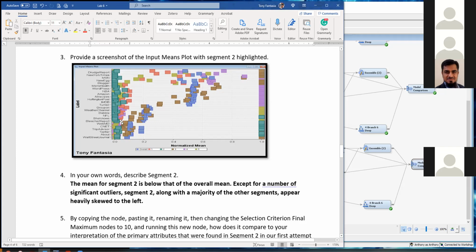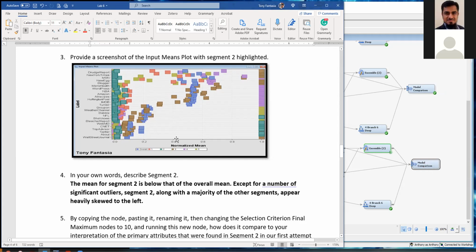So where did you get this first line, the mean for segment 2 is below that of the overall mean? Well, if this blue is the mean and it's spread out through the center, then everything to the left is going to be lower than the mean. I see. We're talking about our normalized mean scale at the bottom, where the majority of the observations are clustered right here along that origin axis.